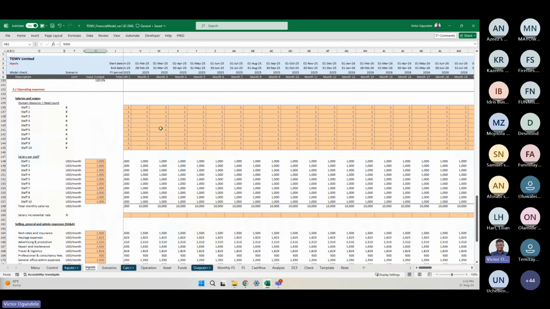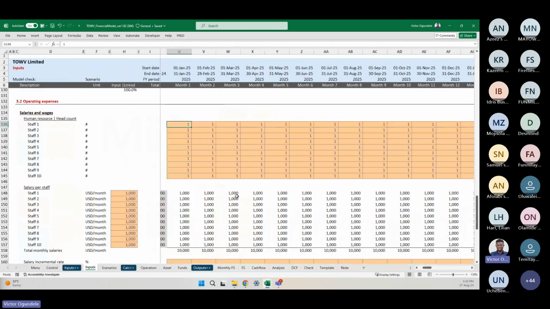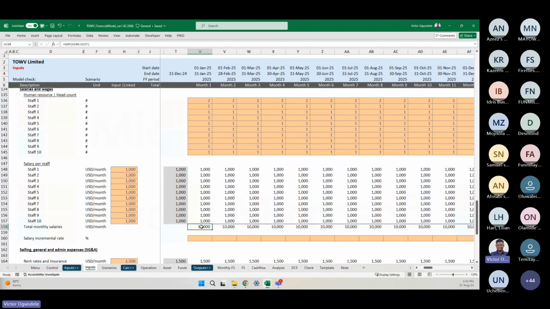Okay, so the head count, just put the head count here, and they have their monthly salary. In fact, should we put the total? We should not put the total so that this will not confuse them. Because if someone decides to change this staff number to 2, then definitely this is no longer 10,000.